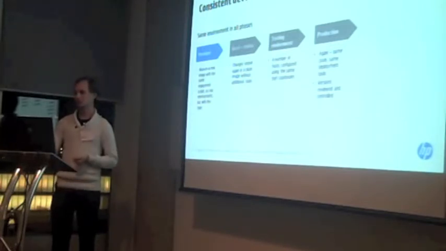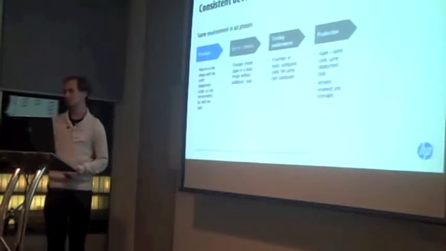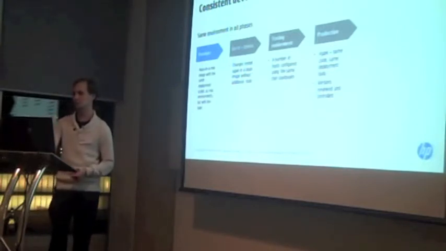And as mentioned before, with Jenkins, the same thing happens whether it's a developer testing locally or Jenkins doing the functional testing. The testing environment is just a larger development environment.